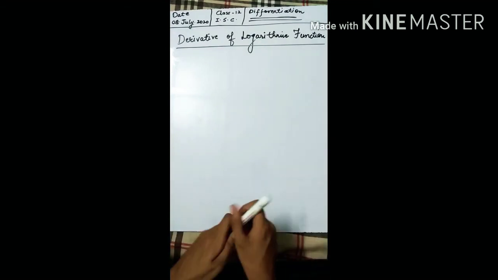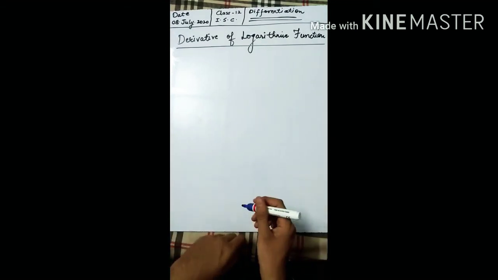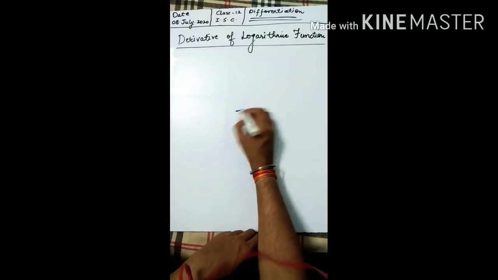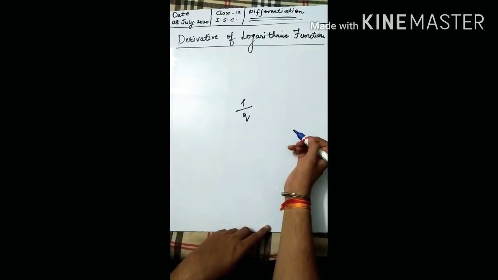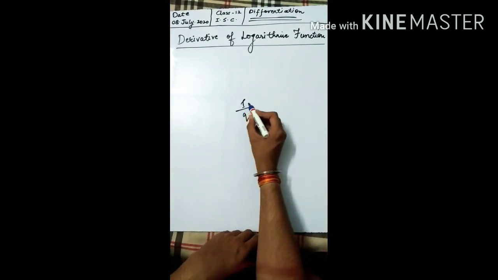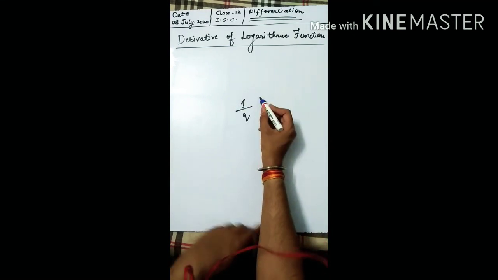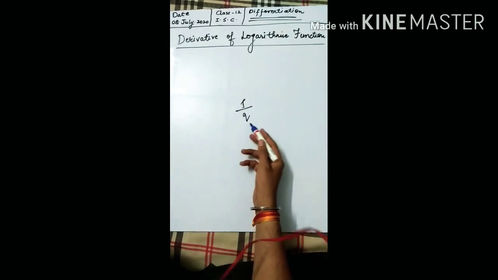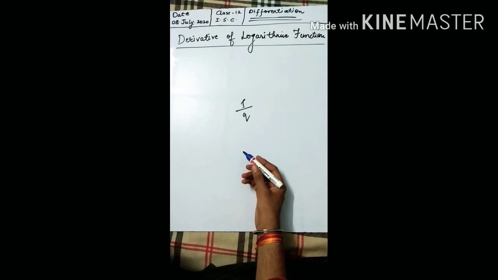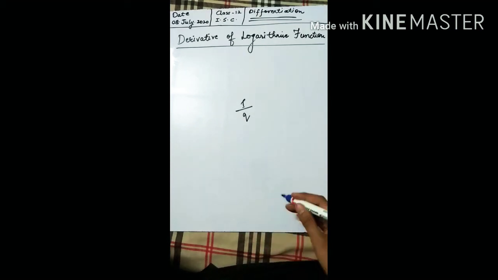The complex functions I'm talking about can be rational functions like p by q form, where p, the numerator, can be some complex term and the denominator can be some complex term. It is very complex for us to differentiate that. So we take log.